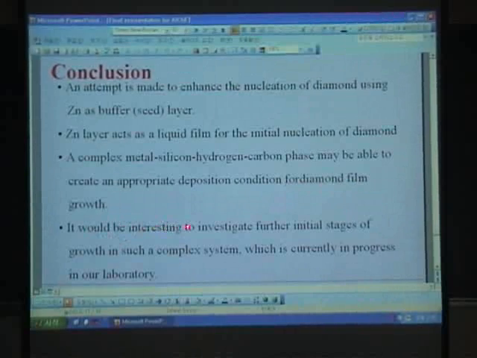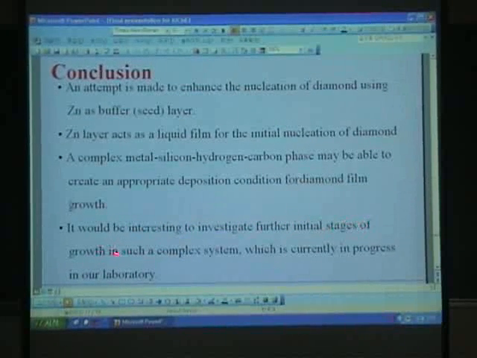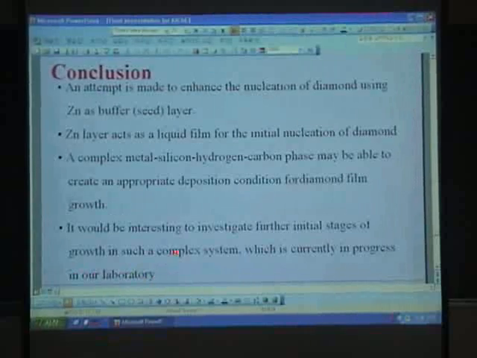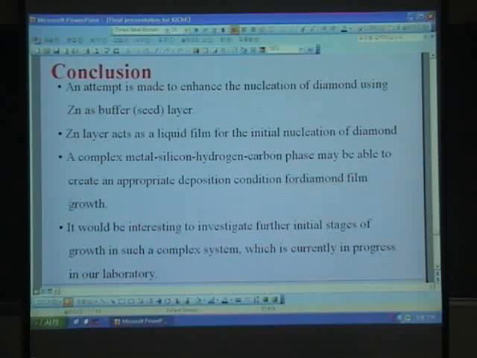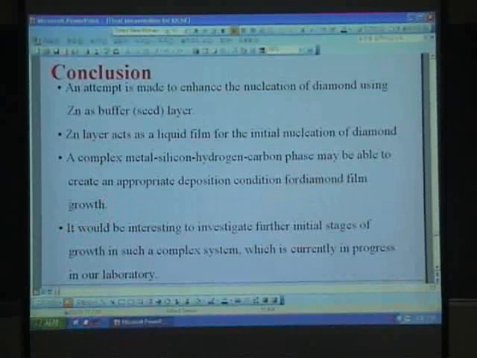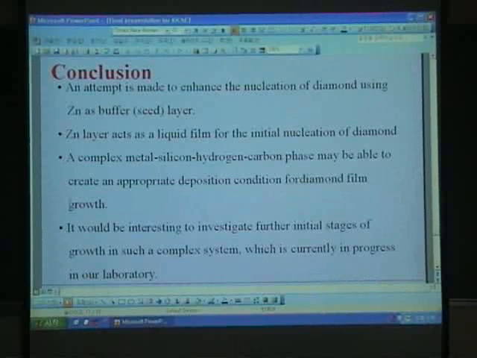It would be interesting to investigate further the initial stages of growth in such a complex system, which is currently in progress in our laboratory. There is also a need to investigate the variation in thickness, as this variation can also affect the diamond growth.